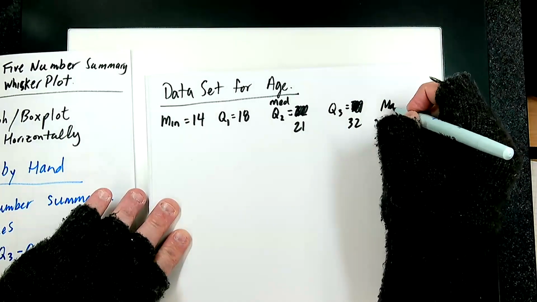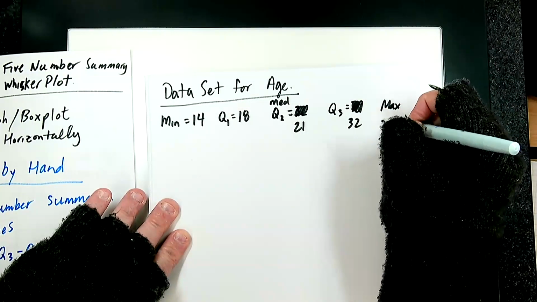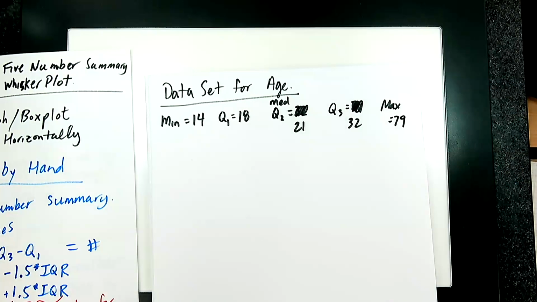And then max is 79. Okay. So that got us our 5-number summary.